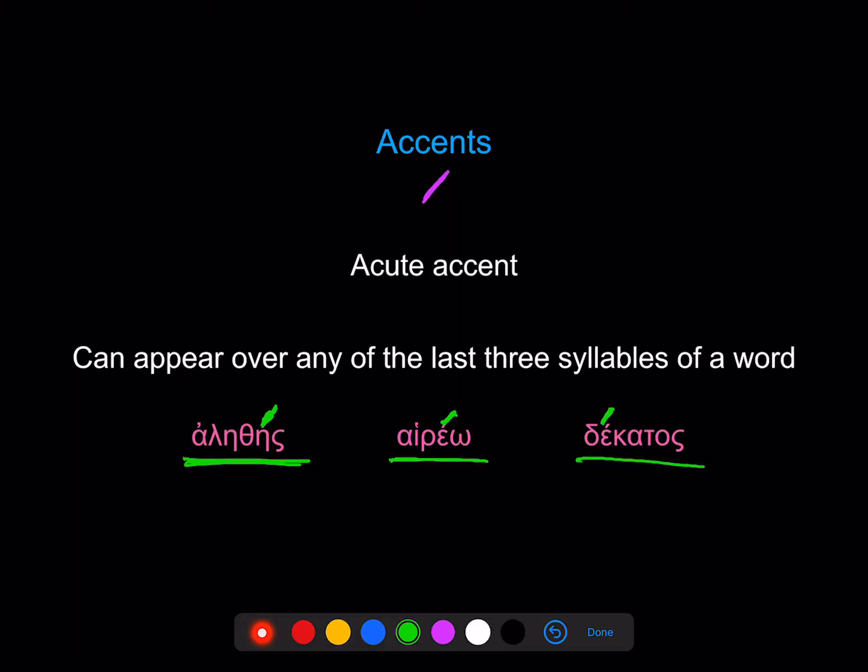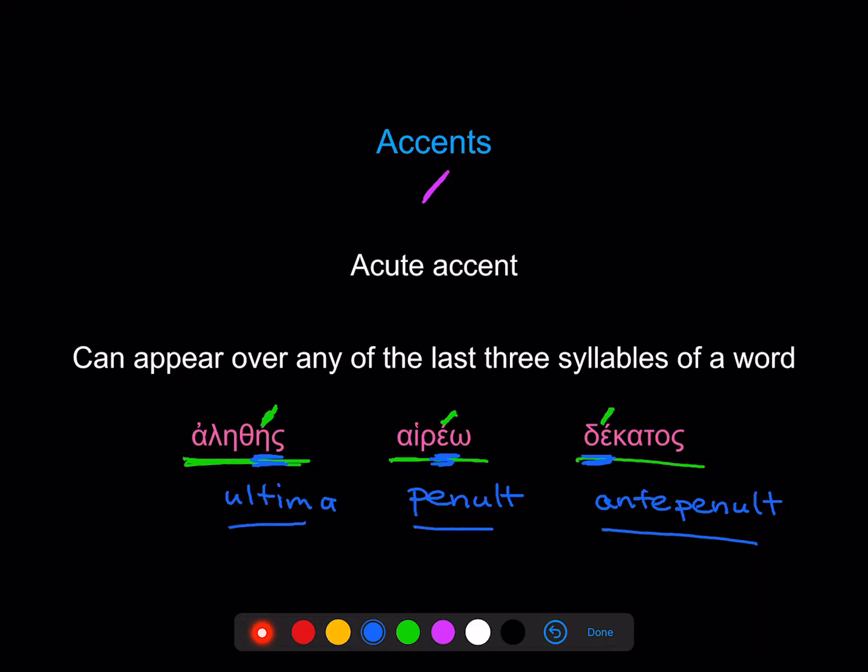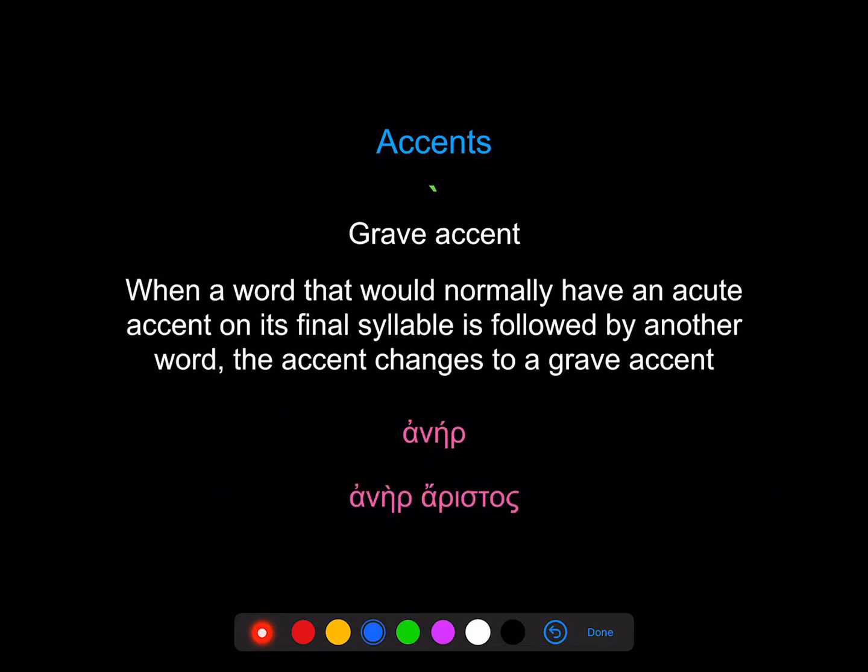The last syllable of a word is called the ultima. The second to last syllable is called the penult, and the third to last syllable is called the antepenult. So an acute accent can appear over the ultima, the penult, or the antepenult of a word.